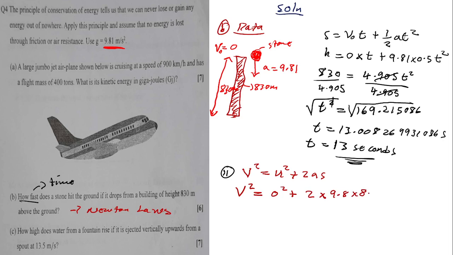Okay, so from there v squared will simply be equal to 2 times 9.81 times 830. Okay, so this is giving us a value of 16,284.